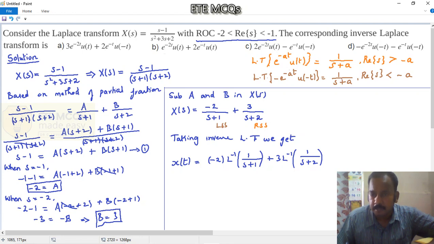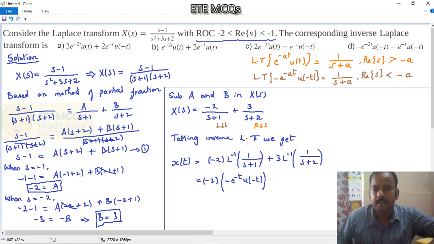The inverse Laplace transform of 1 by s plus a is e power minus at into u of minus t for the right-sided case. So let me substitute it here. After I take the inverse, I will have minus 2 times the inverse Laplace of 1 by s plus 1, which is minus e power minus t into u of minus t.